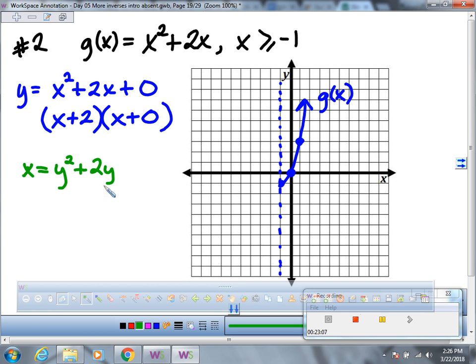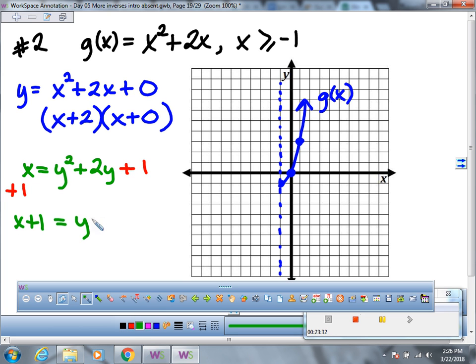Now you've got to make it a perfect square and then square root it. You're going to add 1 to both sides. 2 divided by 2 is 1, and 1 squared is 1. So I would add 1 to both sides, and I would get x plus 1 equals y plus 1 squared. You guys can finish it off from there.